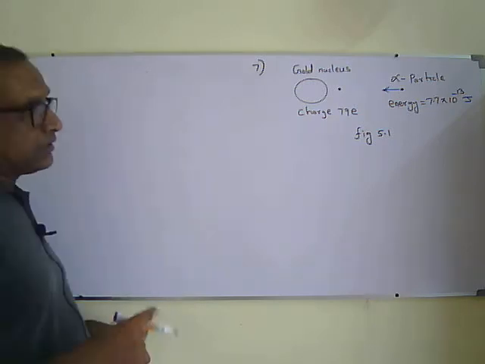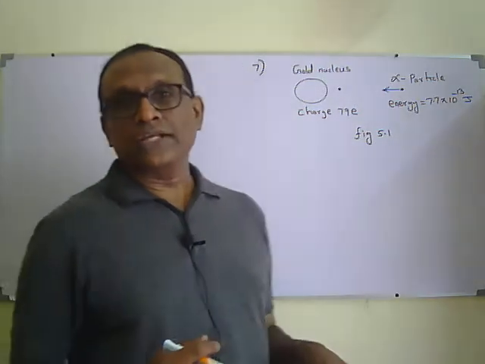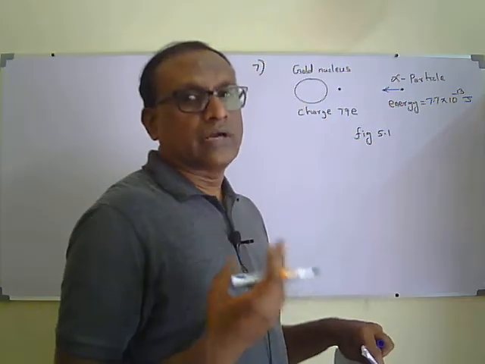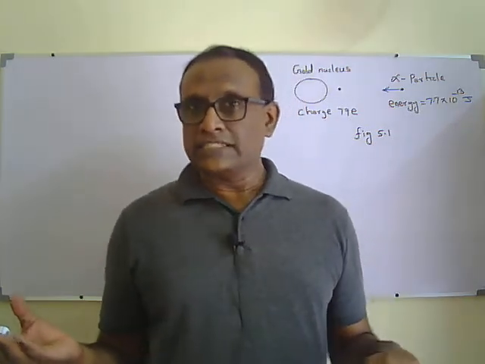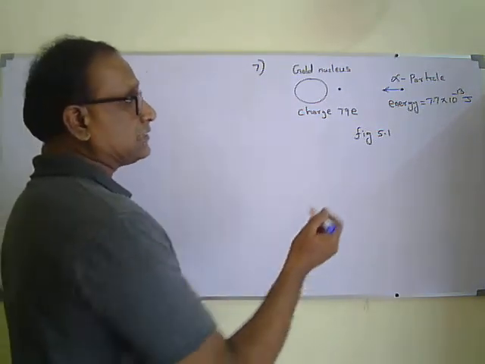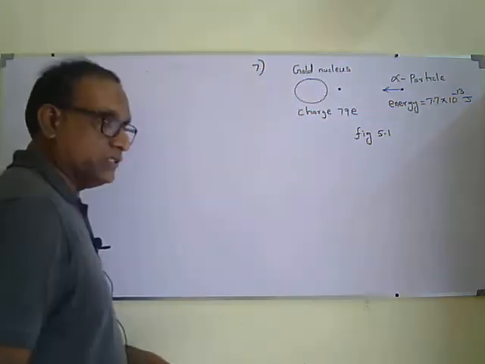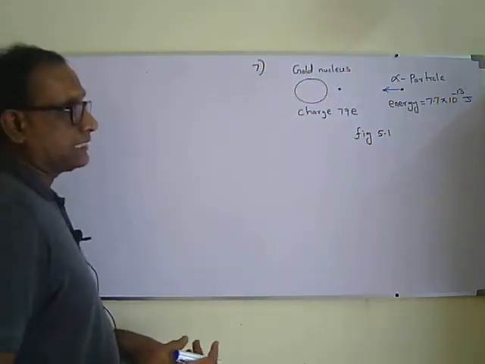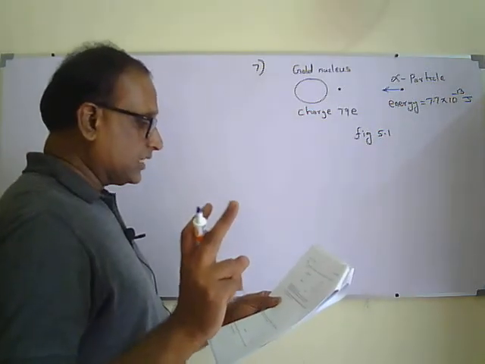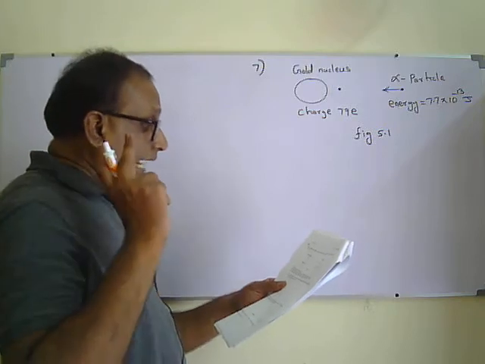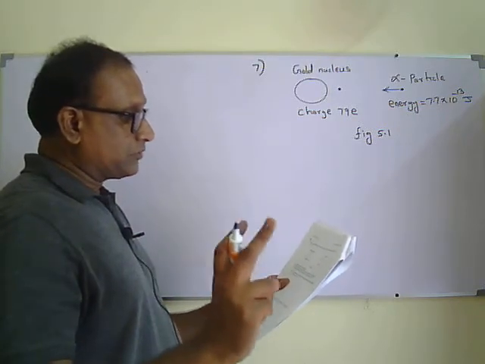This calculation we can't do by using equations of motion or v squared equals u squared plus 2as. You can't use it because the acceleration is going to change, because when it moves, the force is going to change. So the only thing is work done and electric potential. Notice that they are saying the gold nucleus and the alpha particle may be assumed to behave as point charges, at a large distance from the gold nucleus.